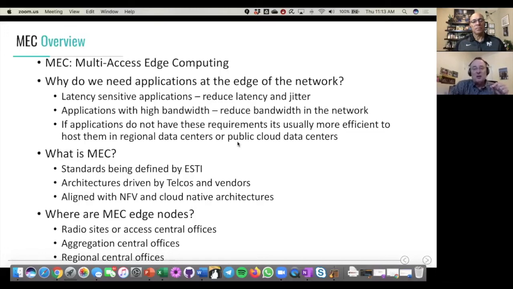And then you also have aggregation central offices, which would be more in metro areas. You might have several aggregation central offices, and then you could even have regional offices. So the edge can move from regional to aggregation out to access and even out to the very end, depending on what the applications or use cases are.